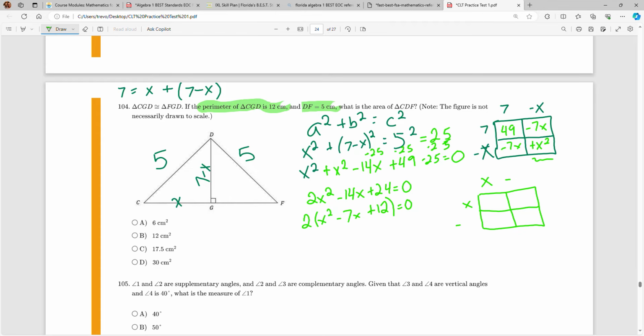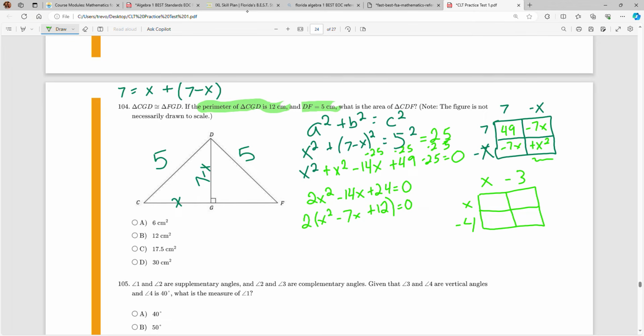I know 1 times 12 is 12, but 1 plus 12 is not 7. 2 times 6 is 12, but 2 plus 6 is not 7. 3 times 4 is 12, and 3 plus 4 is 7. So these are my factors here.